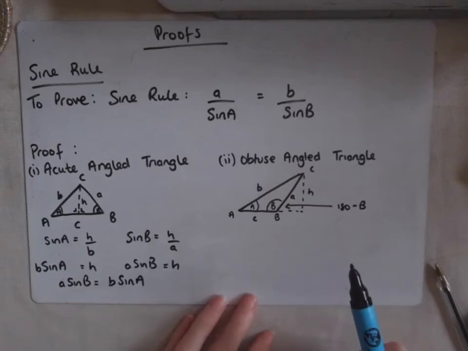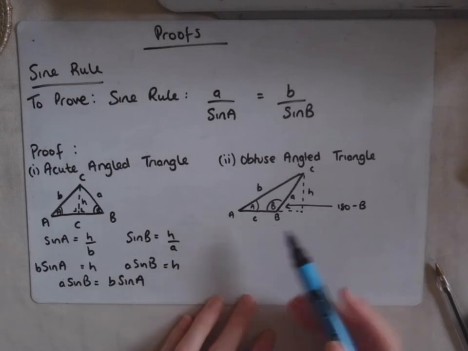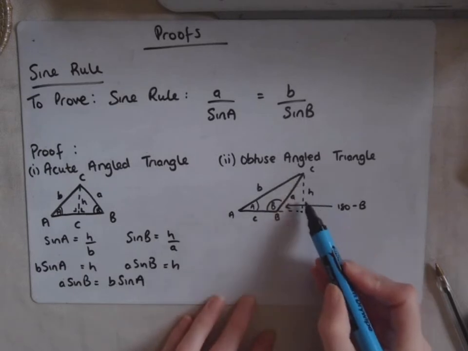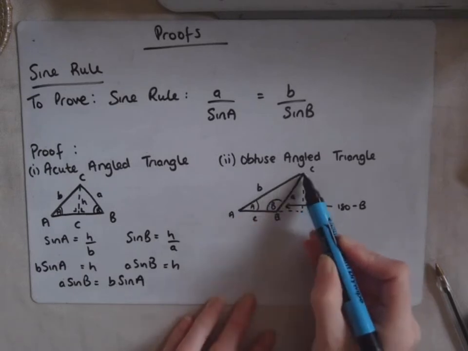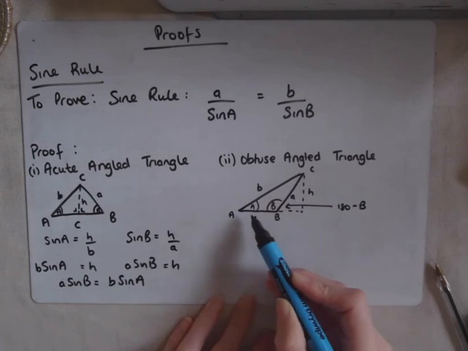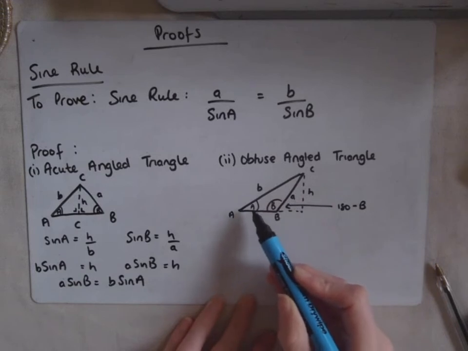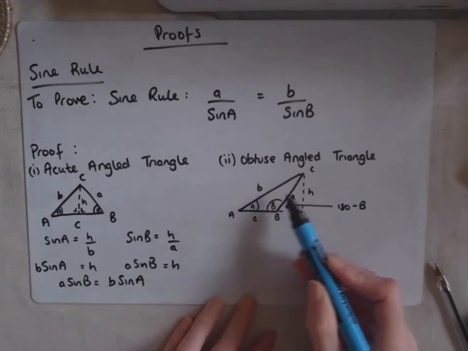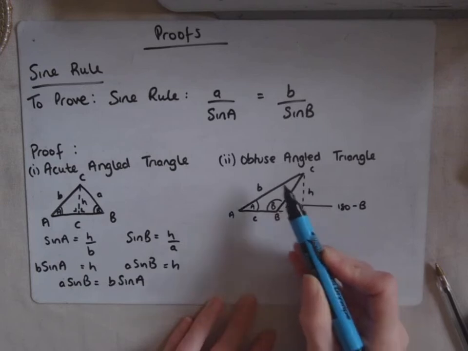Okay, now in this triangle, what you have here is this full triangle including the perpendicular height, because this triangle is right angled. So this big one is the first thing I'm using. I'm dealing with sine of A, which is opposite over hypotenuse.